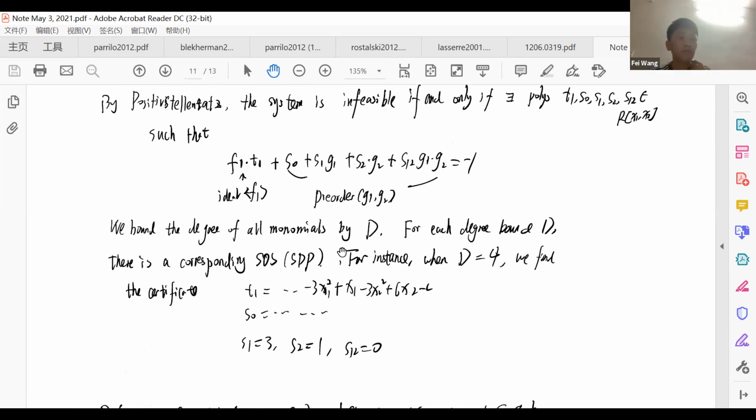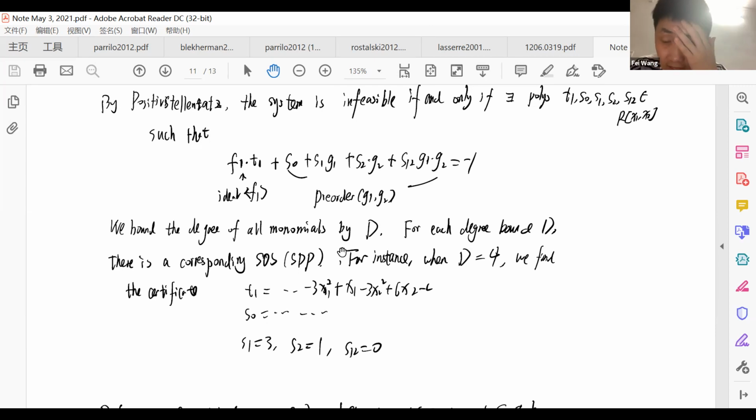But of course, if D equal to 4 doesn't work, you may want to increase the degree bound D. If D doesn't work, then you try 5, and if 5 doesn't work, you try 6.